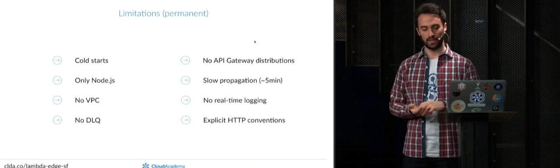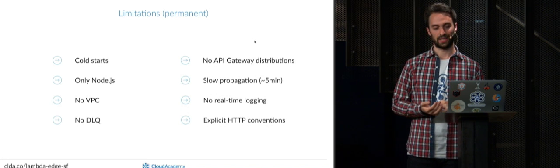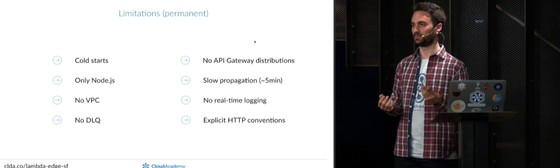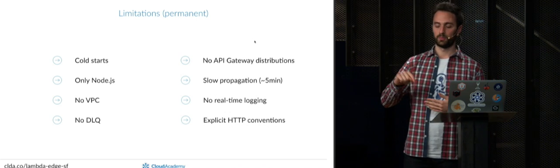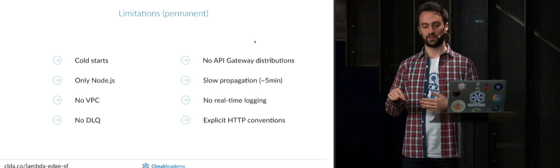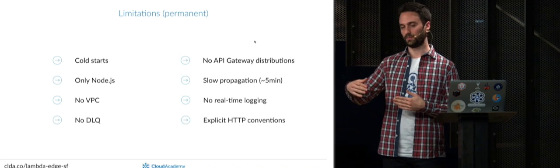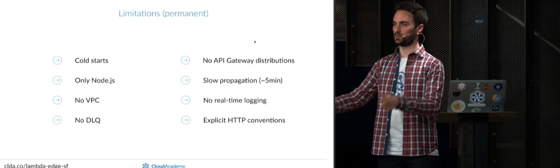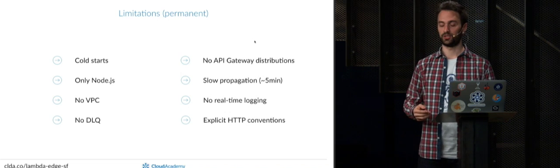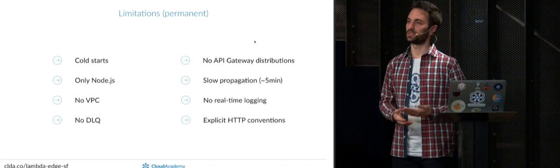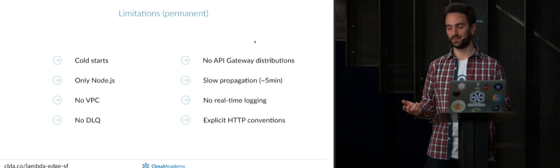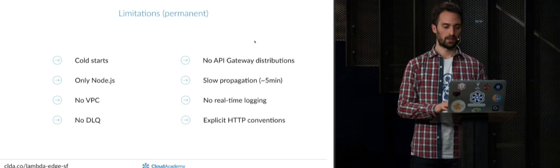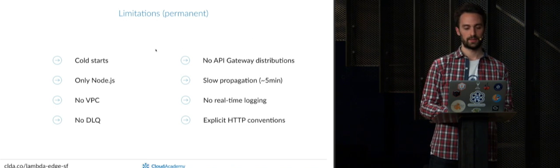They're much faster, and I couldn't really find a way to measure them because the propagation time, from the moment you save and update your Lambda at the edge to the moment it's actually propagated to the 70 plus edge locations, could be 5 to 10 minutes. So it's hard to understand what the cold start is. You have no trigger, no idea what's going on for now. Hopefully that will change too. But cold starts will probably stay.